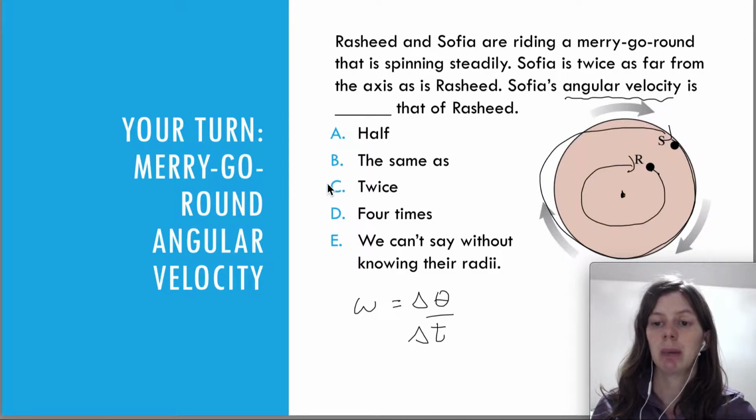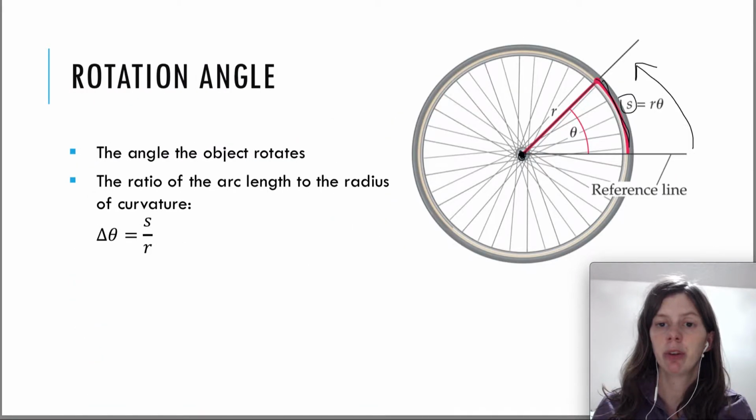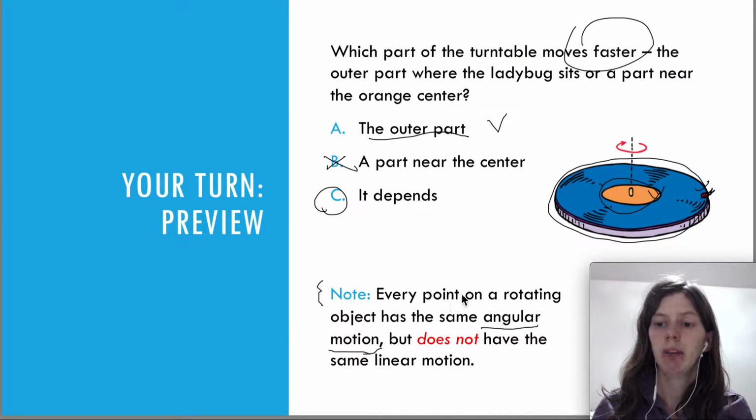So they have the same angular velocity. If you remember, I had a note in our introductory slide that I'll just go back to. When I introduced this topic, every point on a rotating object has the same angular motion but does not have the same linear motion.